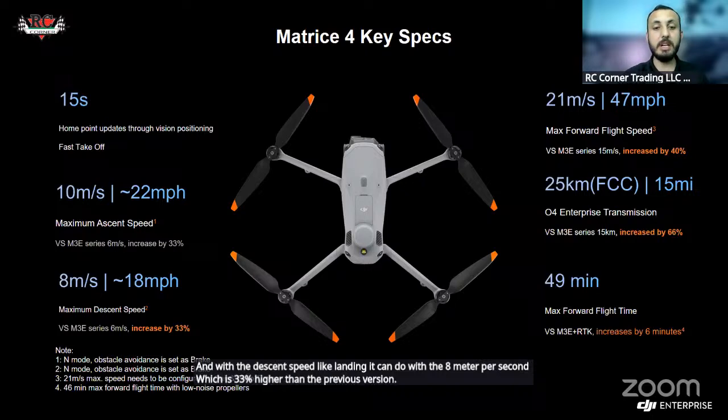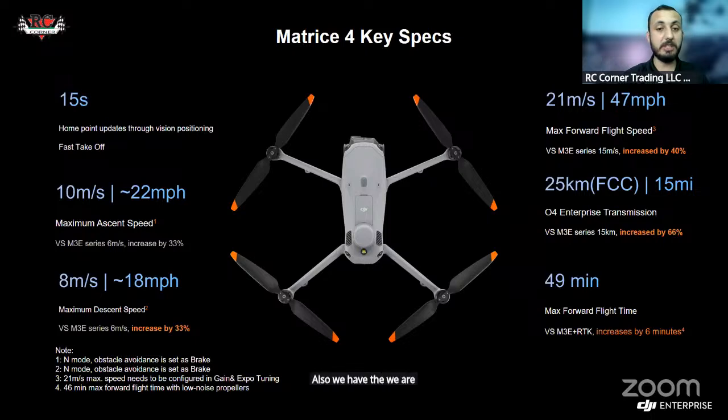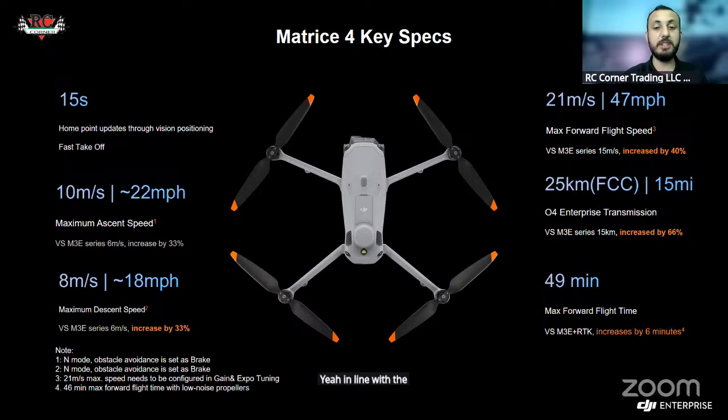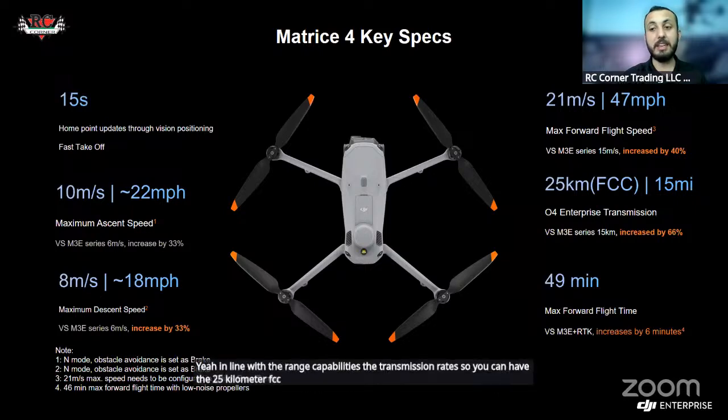We are also very interested, specifically for mapping, in the horizontal speed. It can support up to 21 meters per second, which is 40% faster than the previous version. In line with the transmission range, you can have a 25-kilometer FCC range, like 15 miles, which is 66% more than the previous version.